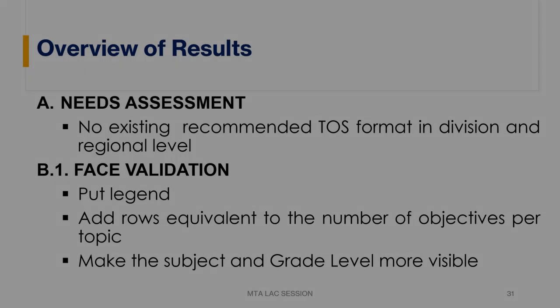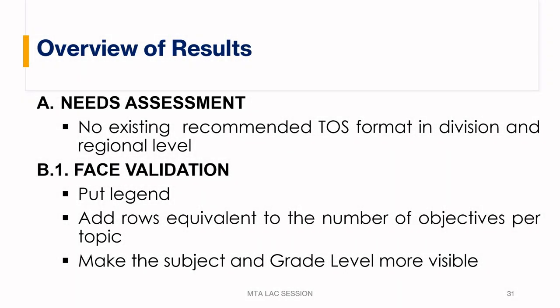So allow me to share with you the overview of results. Let us have first the needs assessment. So I already mentioned what I did in this phase. According to my informal interview, there is no recommended TOS format in the division and regional level. And for the phase validation, these are some of the suggestions. First is put legend.